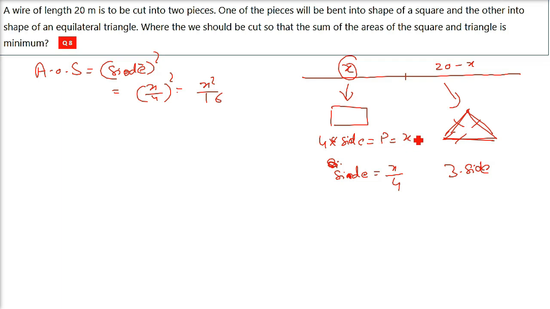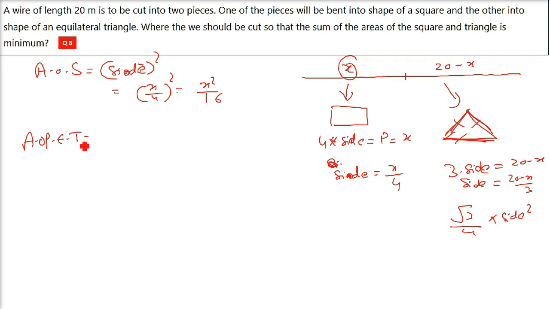All the sides of the equilateral triangle are equal, so 3 into side is equal to 20 minus x. We are going to use the area root 3 by 4 into side square just now. But basically 3 into side of an equilateral triangle is 20 minus x. So this side will be 20 minus x divided by 3.